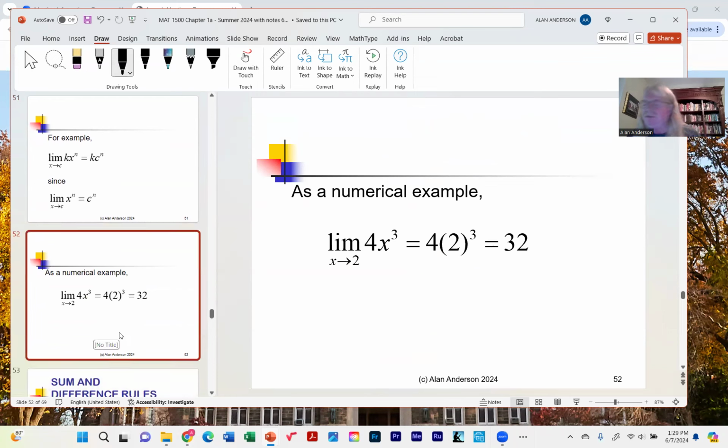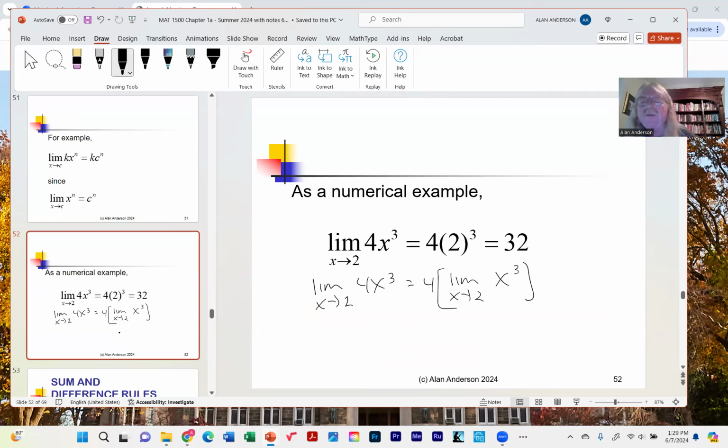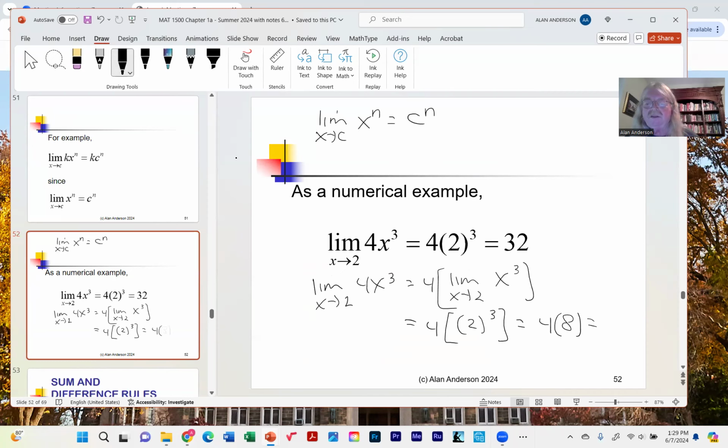Here's another nice one. Actually, I kind of left out a step here. Since this is the form x to the n, that means what I've got here is 32.